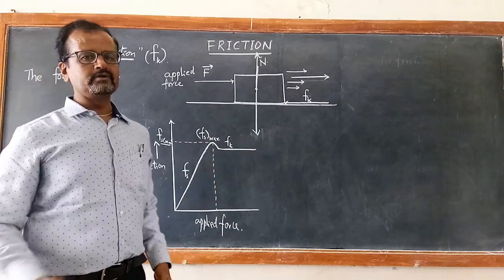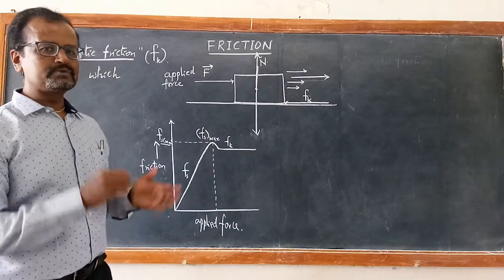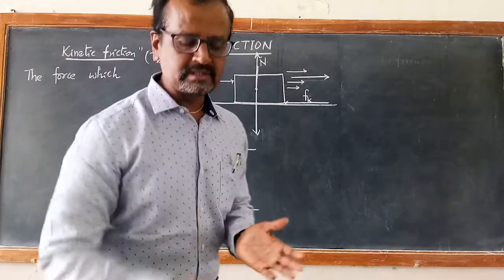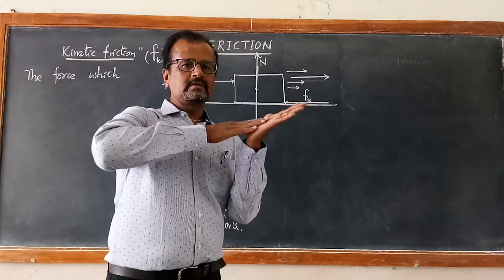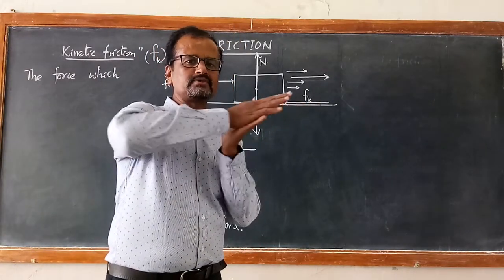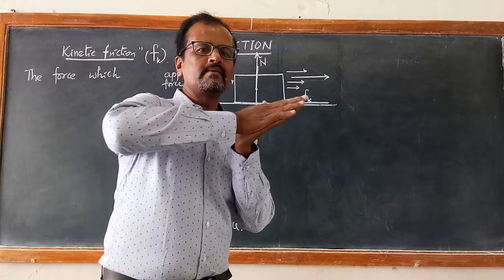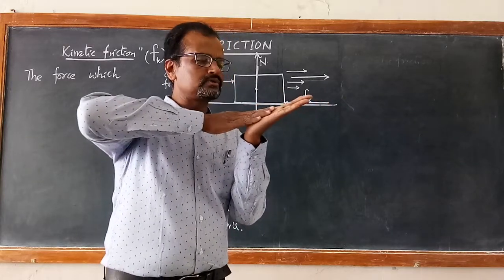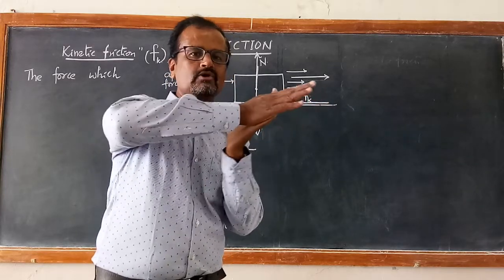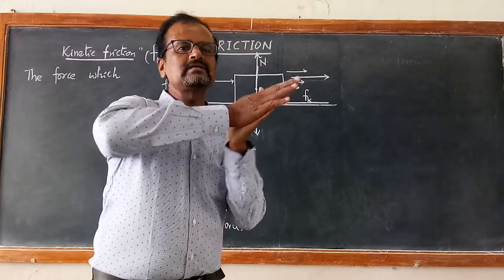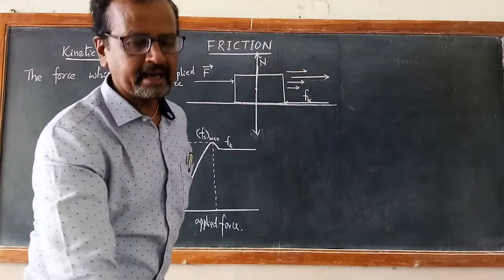When the body is set into motion, the friction that comes into play, which opposes the sliding motion of the surfaces in contact, is called kinetic friction.